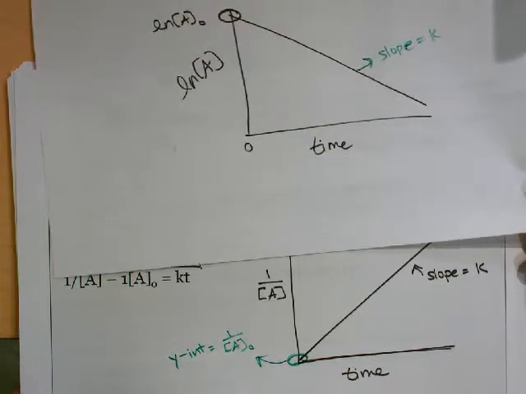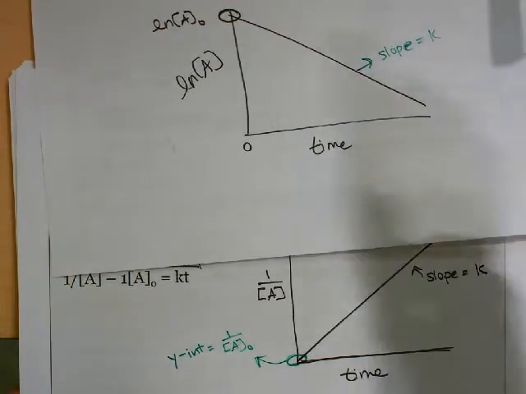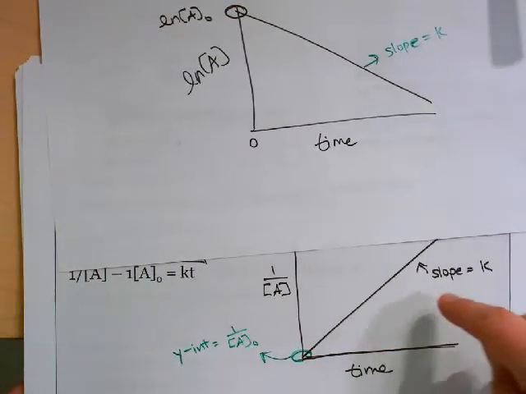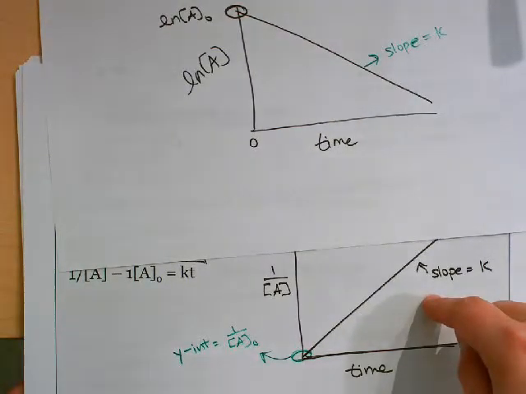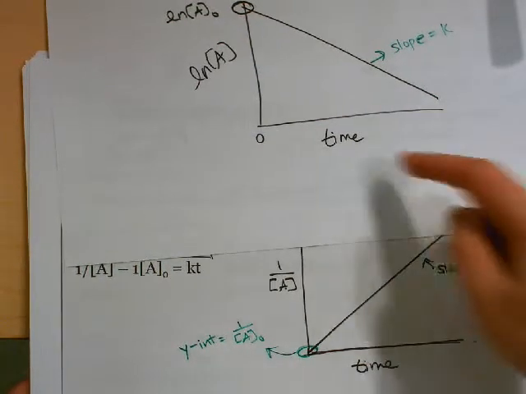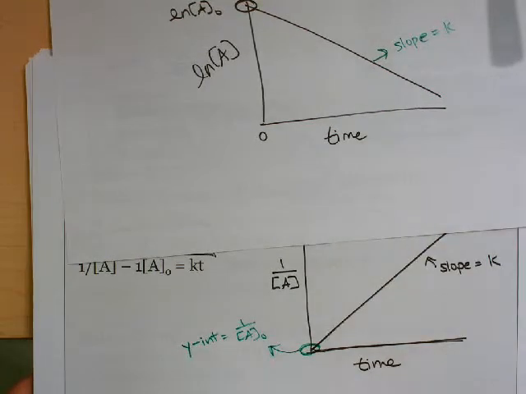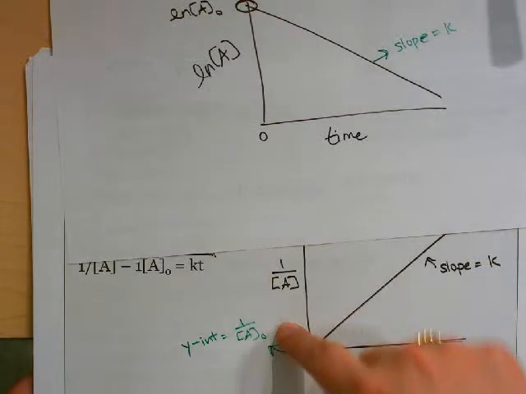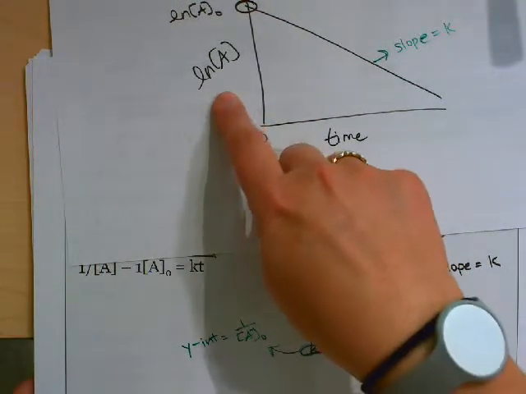No. They're both equal to K, but in a first order, it's a downward slope. In a second order, it's an upward slope. What's another thing that is the same between these two? Time, right? The x-axis on both of these is time. But what's different is this is 1 over A for a second order and the natural log of A for a first order.